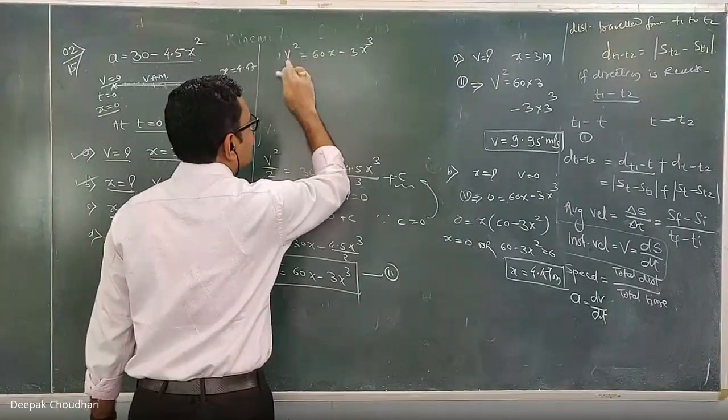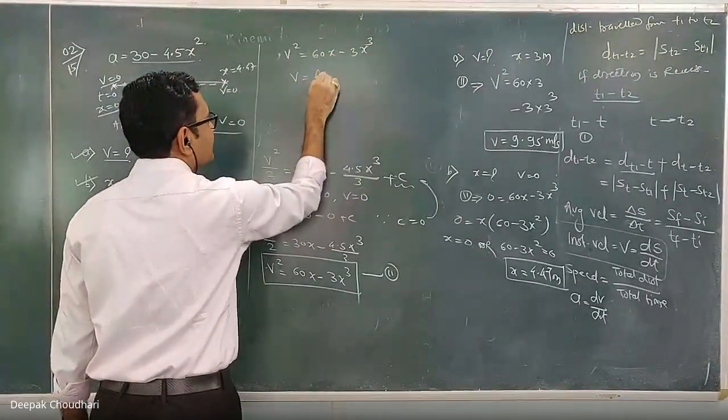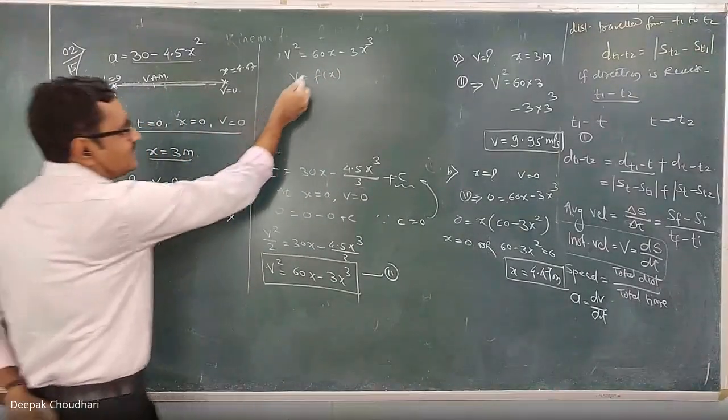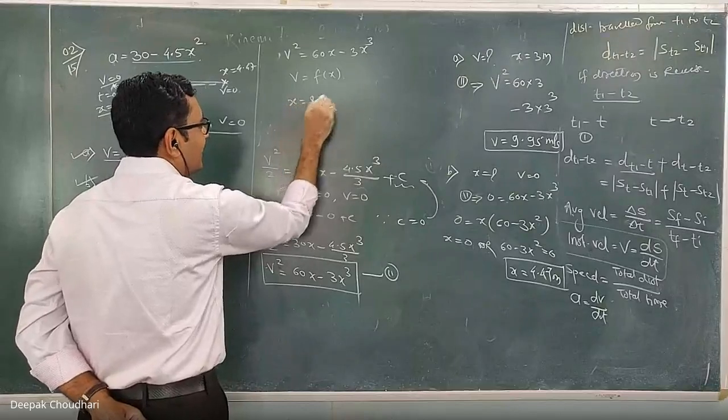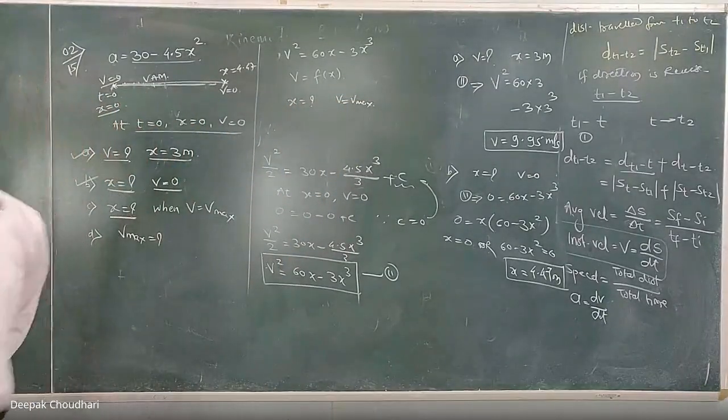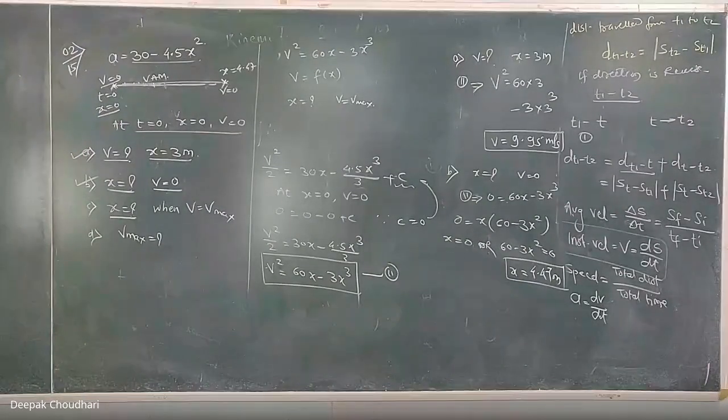This is a generalized equation, v as a function of x. Now I have to find out x from this when v equal to v max. How will we find it out? How can I get the displacement when v equal to v max?